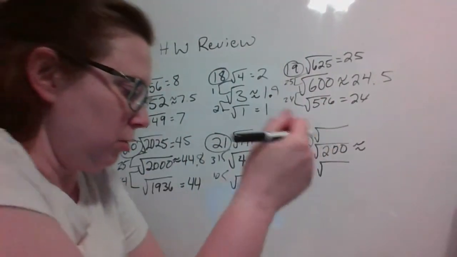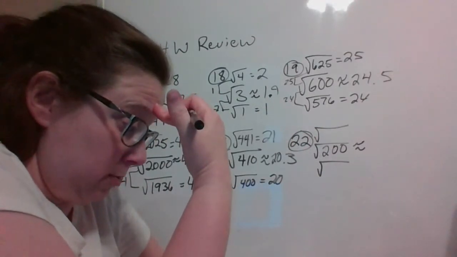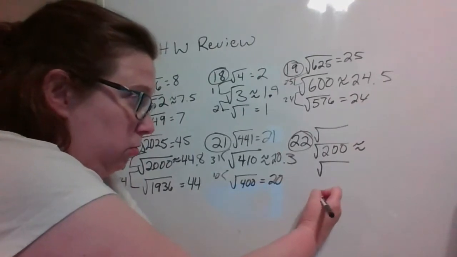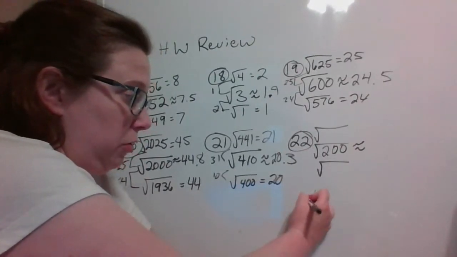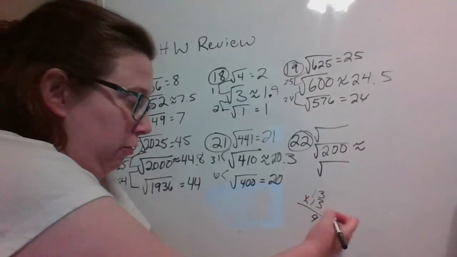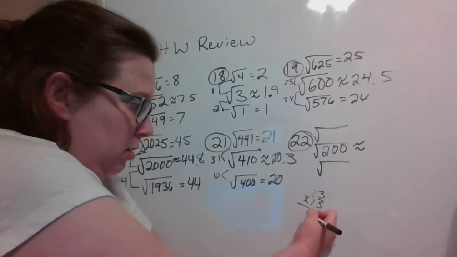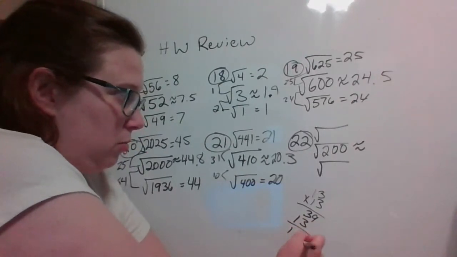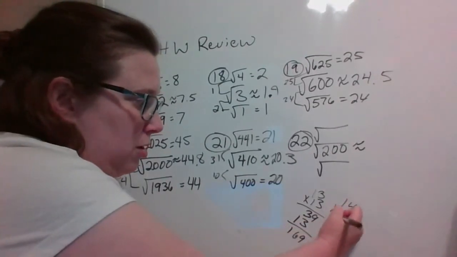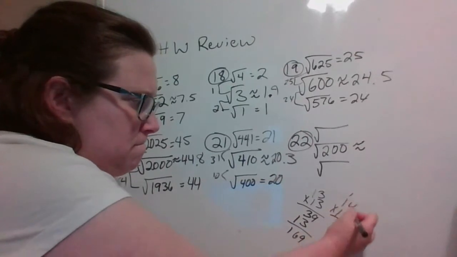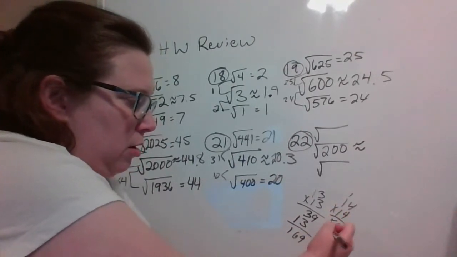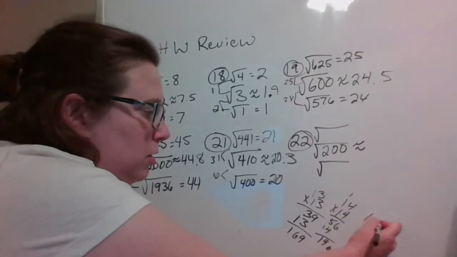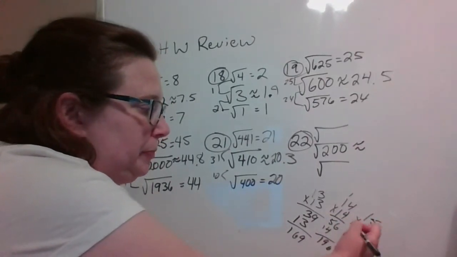No. So we are going to think probably, I'm going to say around 13, 14. So this is 169. Let's check 14. 196, so it must be between 14 and 15.